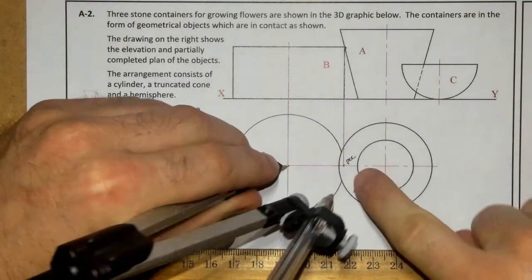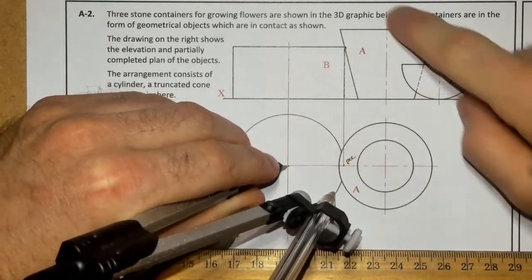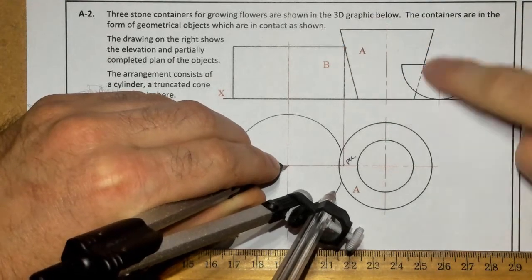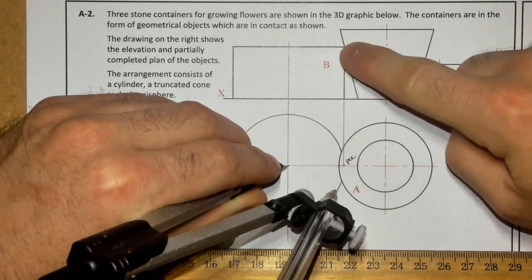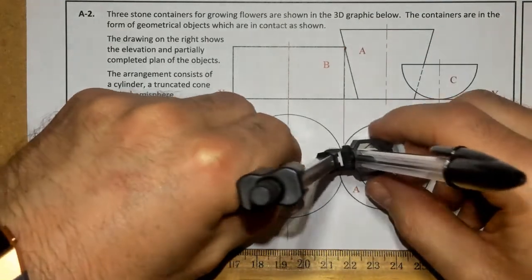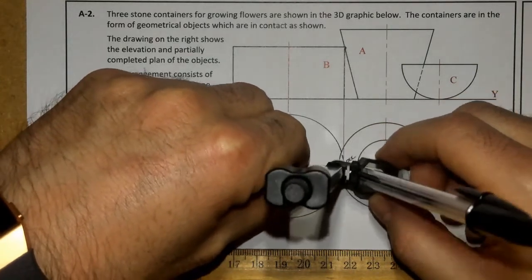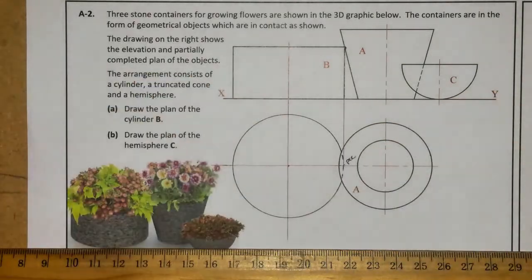What you can see is I haven't finished it inside here, but because the truncated cone is slightly higher than the cylinder, the bit underneath here wouldn't be seen, so it goes in as hidden detail, a little dash line there. Now that's part A done.